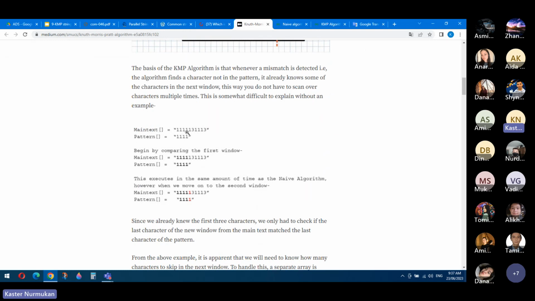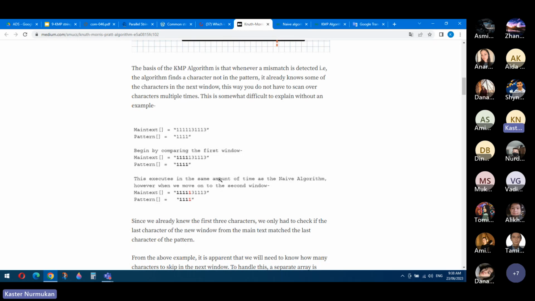Now here's the mapping. The text is 1 1 1 1 3 1 1 1 3, and the pattern is 1 1 1. So we begin by comparing 1 1 1. Then after that they compare again. This executes the same amount of time as the naive algorithm.